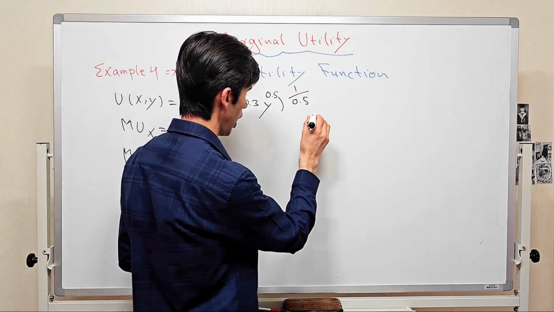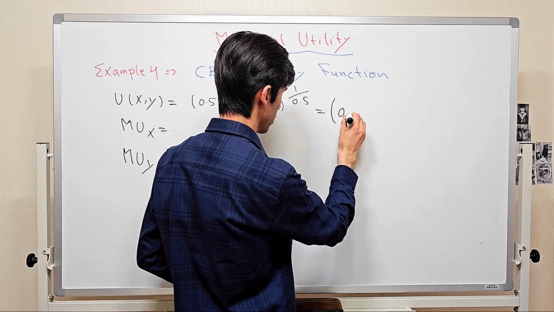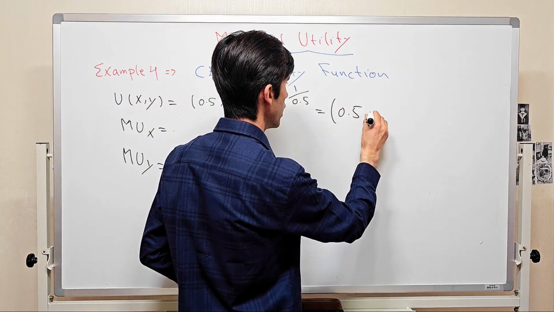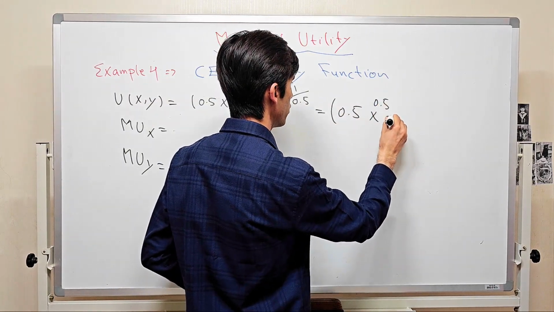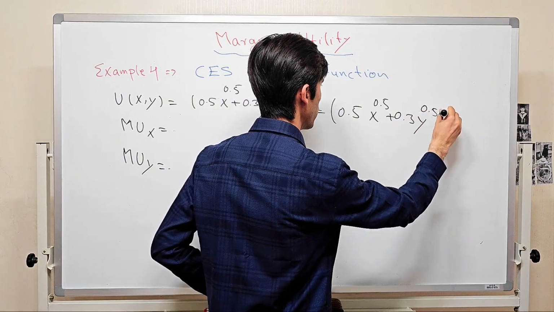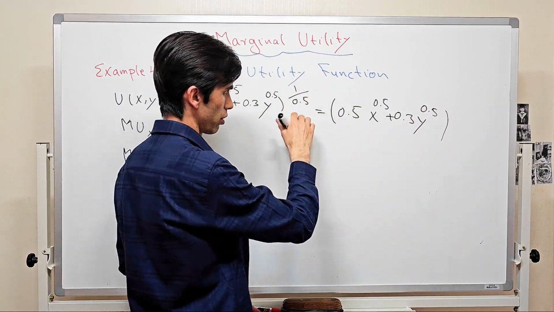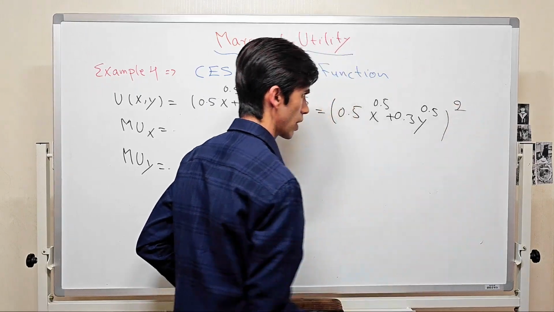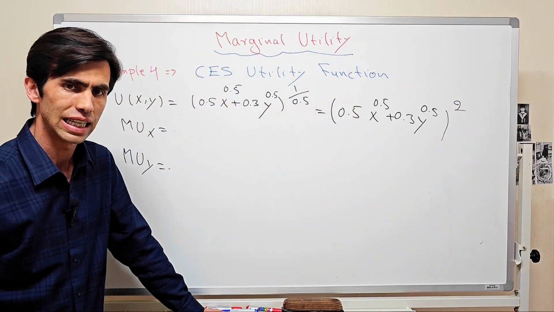We can simply write this as 0.5 x to the power of 0.5 plus 0.3 y to the power of 0.5, to the power of 2, since 1 divided by 0.5 becomes 2. So now we have this CES utility function.